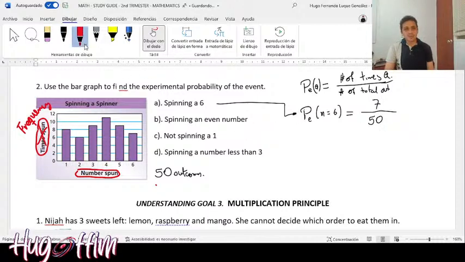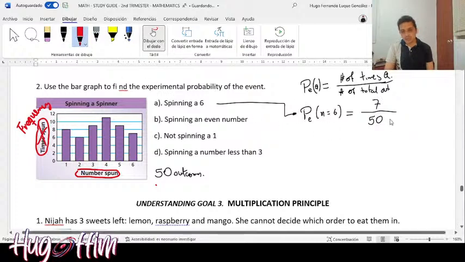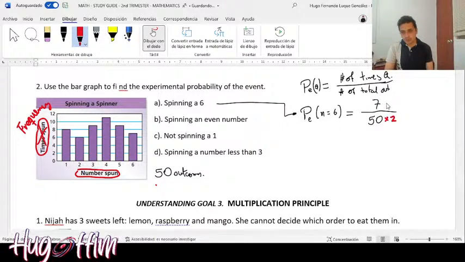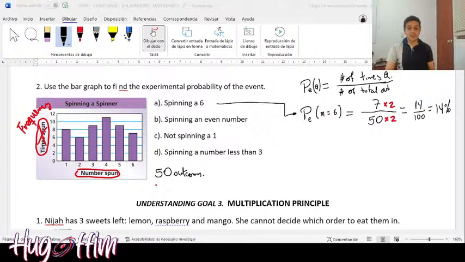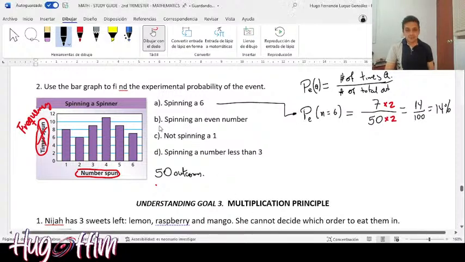In this case it's easy for us to get it as a percent because I just need to multiply times 2. If I multiply times 2, I'm gonna get 14 over 100. That is just 14%. So this is how you can get the experimental probability.